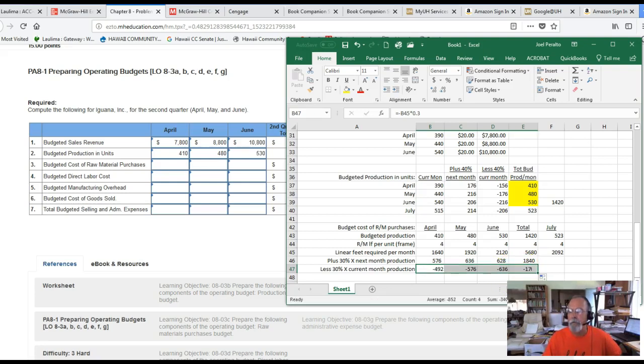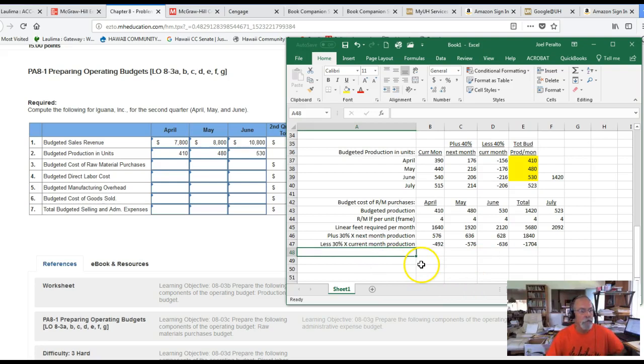And 1704, 30% of E45. Okay. And then let's put a total on this. We'll call that budgeted raw materials purchases. Linear feet.